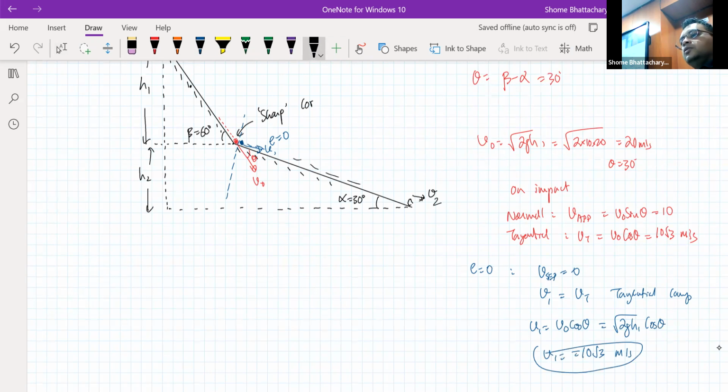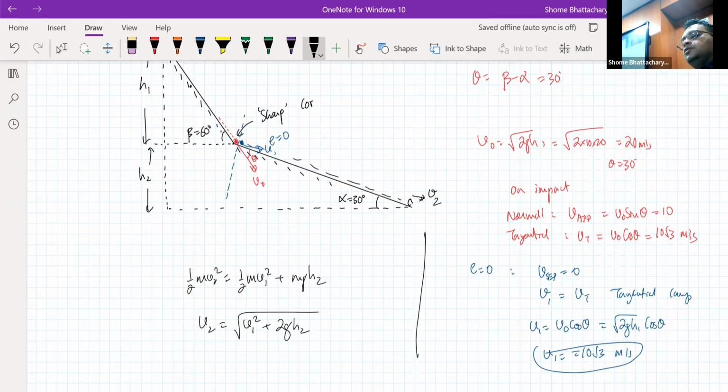Now let's say the velocity by the time you reach here is v2. Here to here you again apply work energy. So half m v2 square is equal to half m v1 square plus m g h2, because it's losing that much potential energy. So we'll get v2 as square root of v1 square plus 2 g h2.